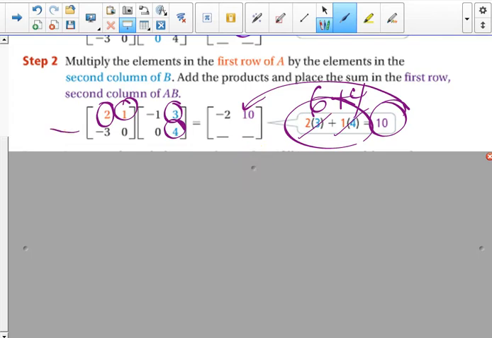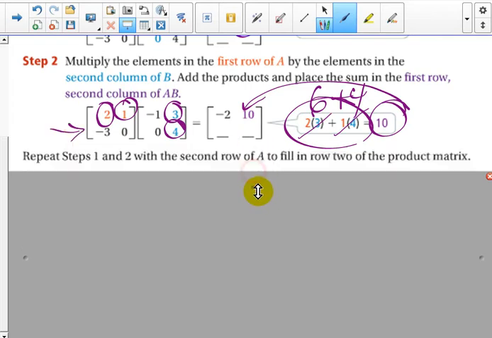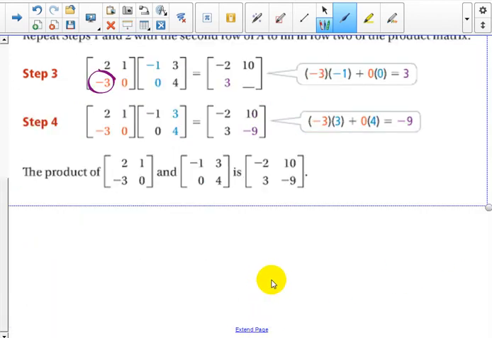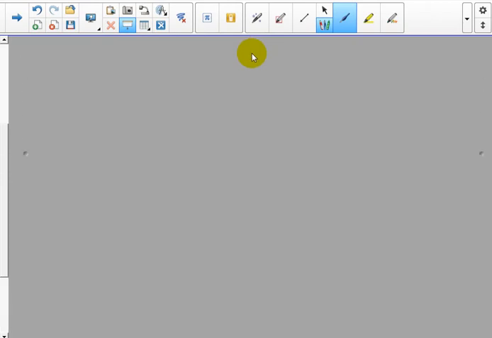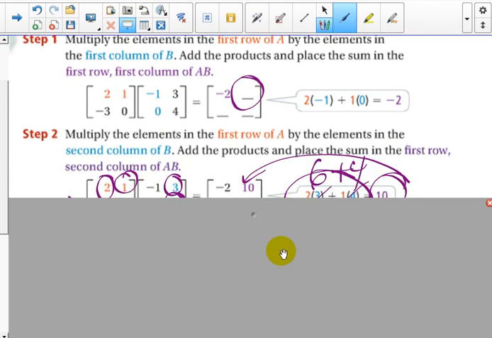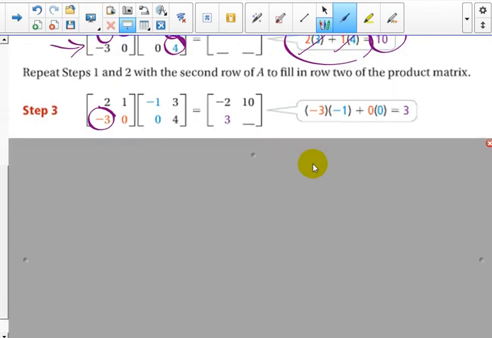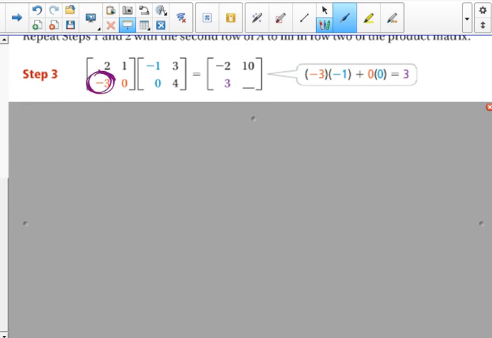Next, we're going to move to the second row and repeat the process, and that's how you do these. So now we're on the second row, so it's going to be negative 3 times negative 1 plus 0 times 0, which is a positive 3 plus 0, which is just 3.